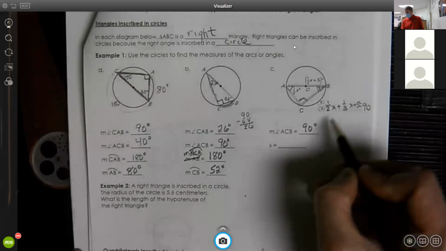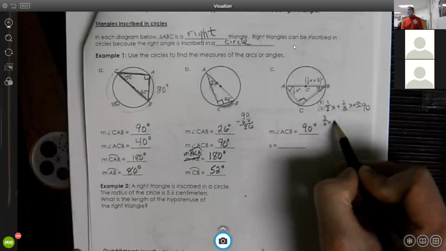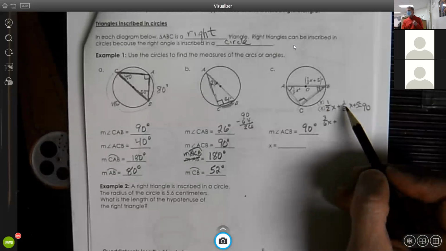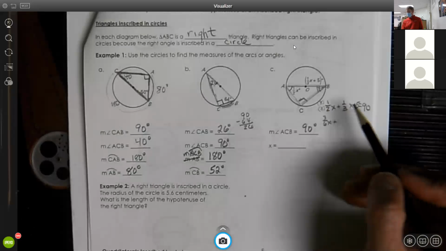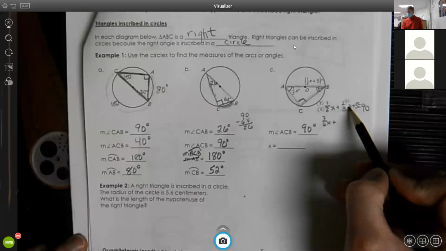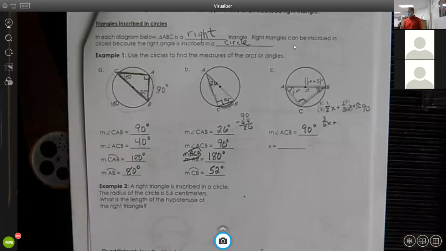So now we have 3 over 6 x. In the next one, we have 1/3. We need to make that denominator a 6. So I'm going to multiply the top by 2 and the bottom by 2. That is multiplying that fraction by a value of 1. And when you do that, you don't change its actual value, what it's worth, but it does look a little bit different.